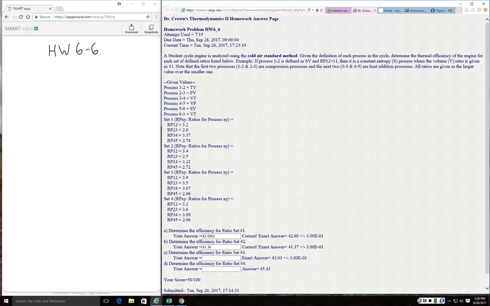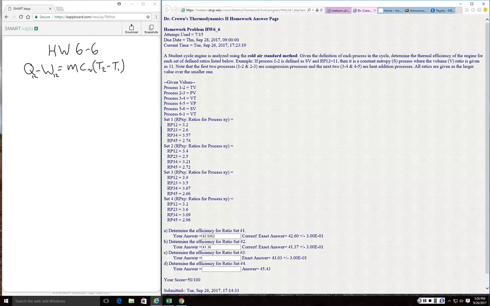So for starters, we probably want the first law, Q minus W equals delta U. Technically delta U can be written as M CV delta T for constant specific heat, so I'm going to write it that way. M CV delta T, or if it's, say, 1 to 2, then this would be T2 minus T1. Of course, I can use it for any process, but I'll just illustrate it here for process 1 to 2.